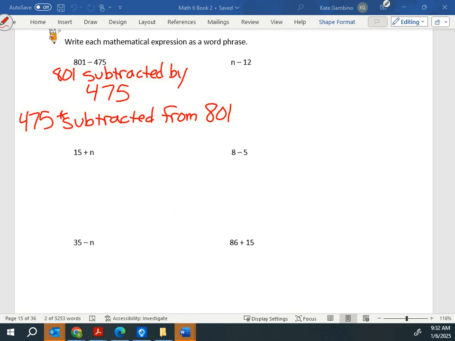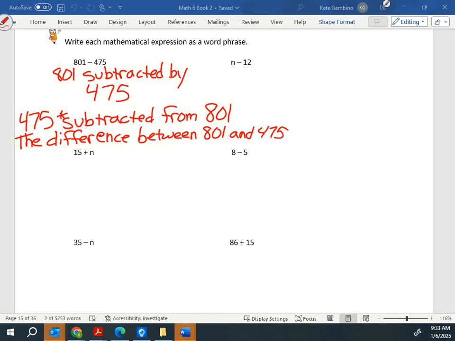Okay? What's another way I could use words to write out this expression? Adeline? Yeah, I could say the difference between 801 and 475.